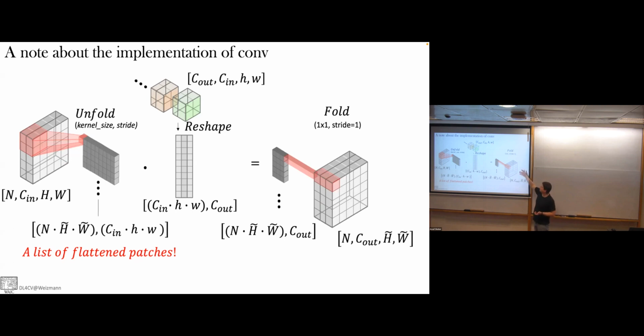This fold is actually equivalent to reshape, okay? But it's healthier to use fold after unfold, but it's just reshaping them, okay? With stride equals 1, it's just taking them and reordering them to be in this 2D structure, okay? Because this is where they came from. We flattened them, we did all the actions, now we're bringing them back, okay?